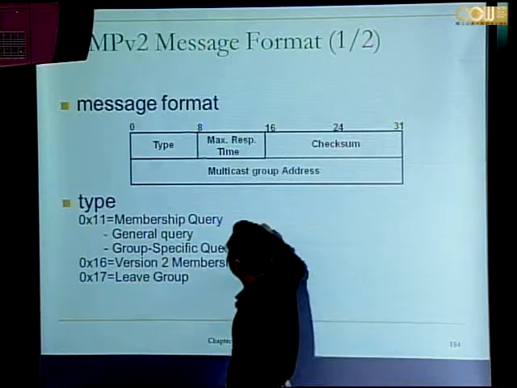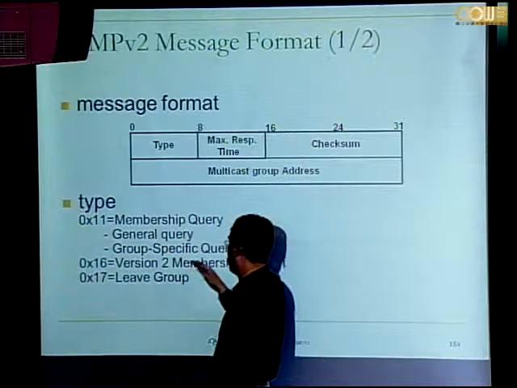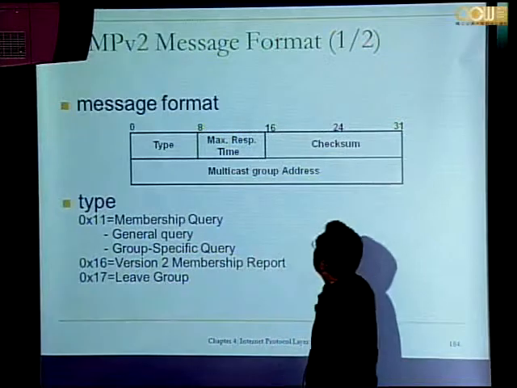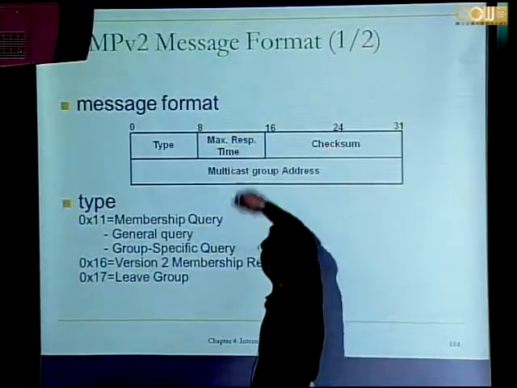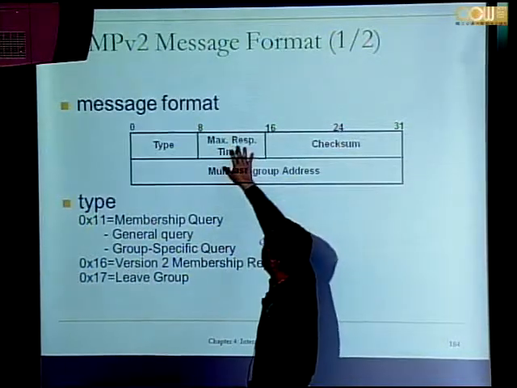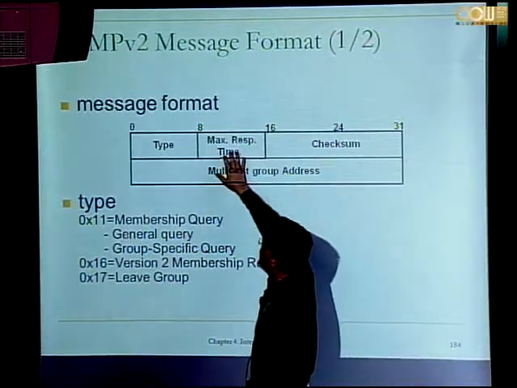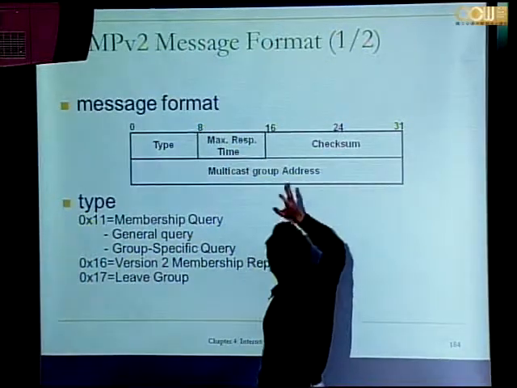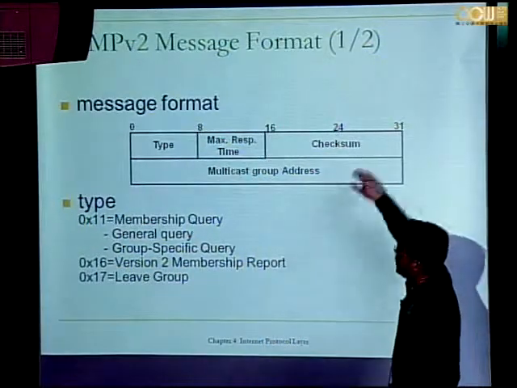Here's the type: it could be a general query, group-specific query, membership report, or leave group message. It could also specify the maximum response time. The router tells the host, within this time period you can do a random wait. So the maximum response time, or maximum random wait, could be specified here, and also the checksum.